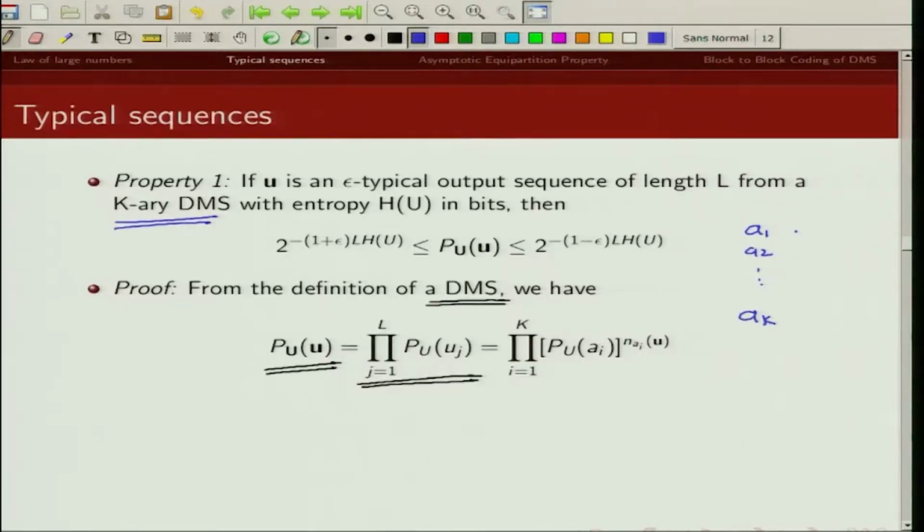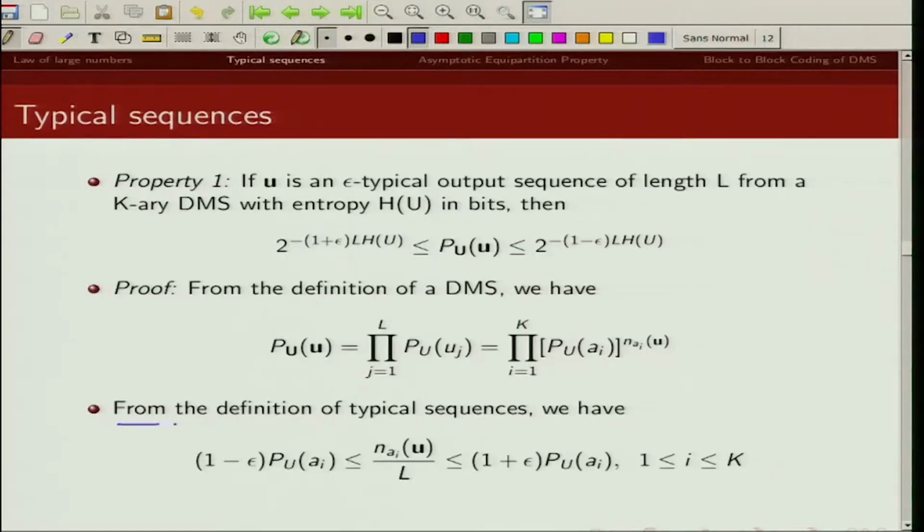So let's say A1 is emitted NA1U times, A2 is NA2U times, similarly AK is NAKU times. So then I can write the same probability in this particular fashion. So it's a product from i going from 1 to K, probability of Ai raised to power NAiU, where NAiU is the number of times this Ai is appearing in this output sequence of length L.